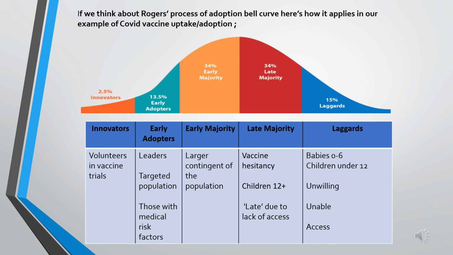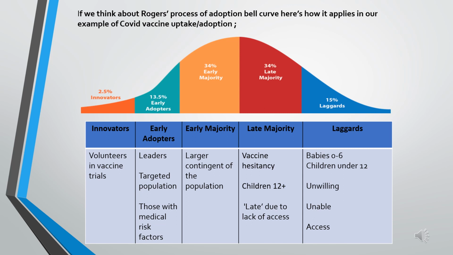The late majority grouping may include people who initially had vaccine hesitancy, but through public health education efforts, workplace vaccination mandates, or other factors have now decided to adopt the vaccine. This group may also include children for whom the vaccine was developed later, and may also include people considered late majority adopters due to lack of access.